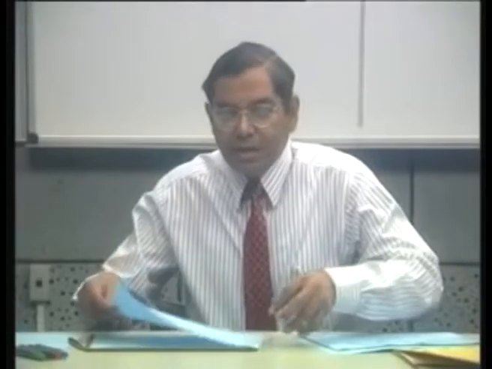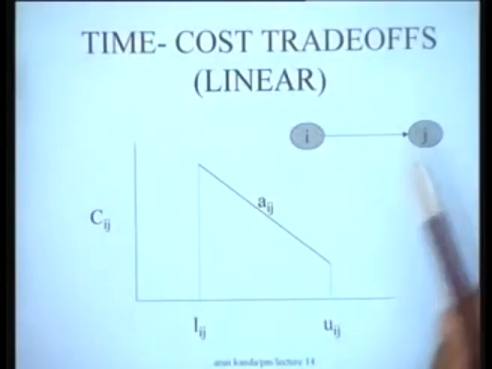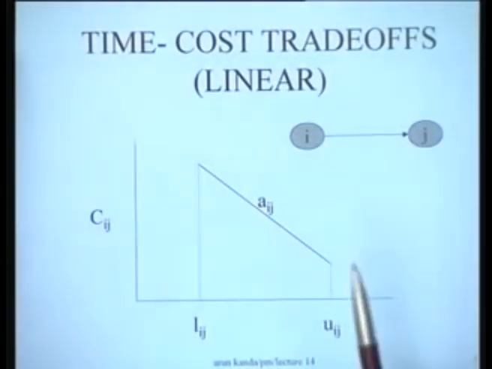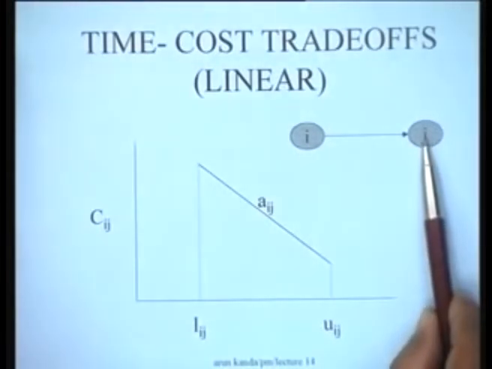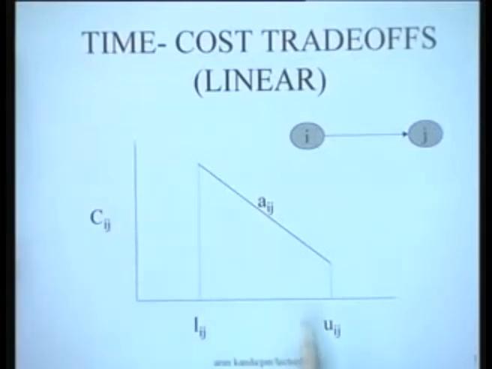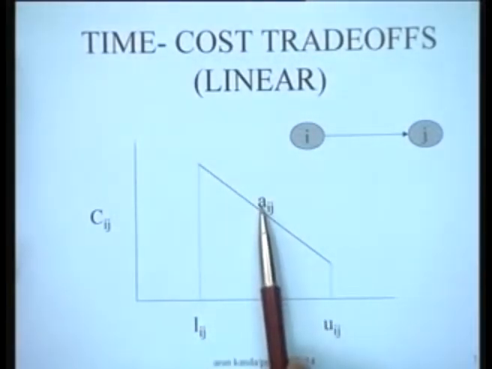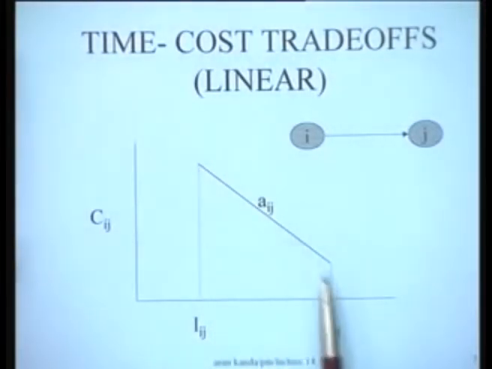Now we are going to be dealing, as I said, primarily in this particular lecture, with linear time cost trade-offs. A linear time cost trade-off essentially means that for an activity, let's say Ij, in the AOA framework, we have the cost of the activity Cij, and it has an upper duration Uij, which is the normal duration, and it has a lower duration Lij, which is the crash duration, and the magnitude of the slope of this is Aij, although of course the slope is actually negative for this particular activity.